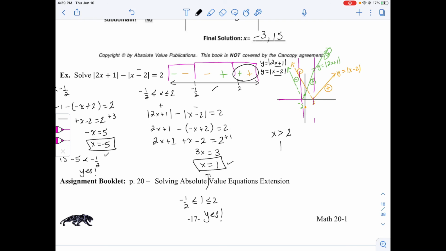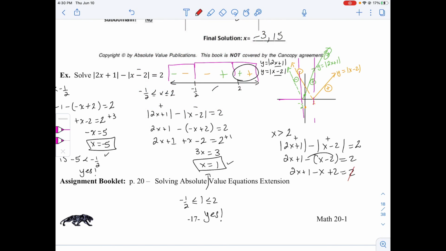And then our last solution here, we've got our plus plus, where x is greater than 2. We've got the absolute value of 2x plus 1 minus the absolute value of x minus 2 equals 2. So we've got our plus and our plus. So 2x plus 1 minus x minus 2 equals 2. We still have to distribute this initial minus sign, 2x plus 1 minus x plus 2 equals 2.